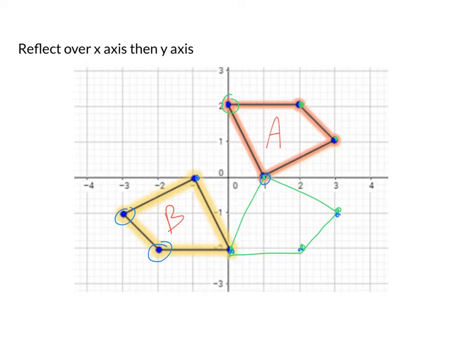Well, you know what's equivalent to a reflection over x then y, or y then x? Ooh. Rotate 180 degrees about the origin. And you can rotate around any point. In this case, we're just rotating about the origin right there, okay? So that would be another equivalent one. Or you could say reflect over the y then the x, right? So there's a few of them we could actually say here.